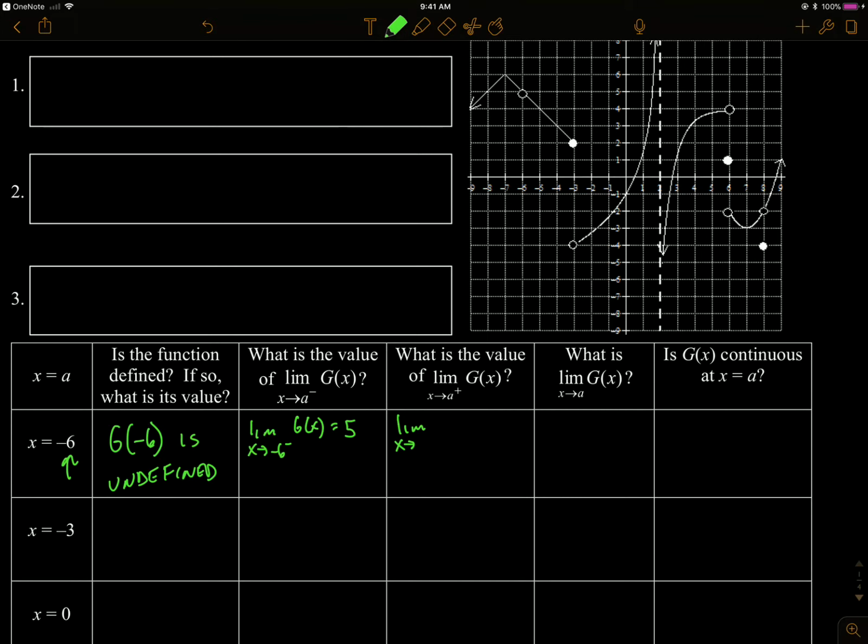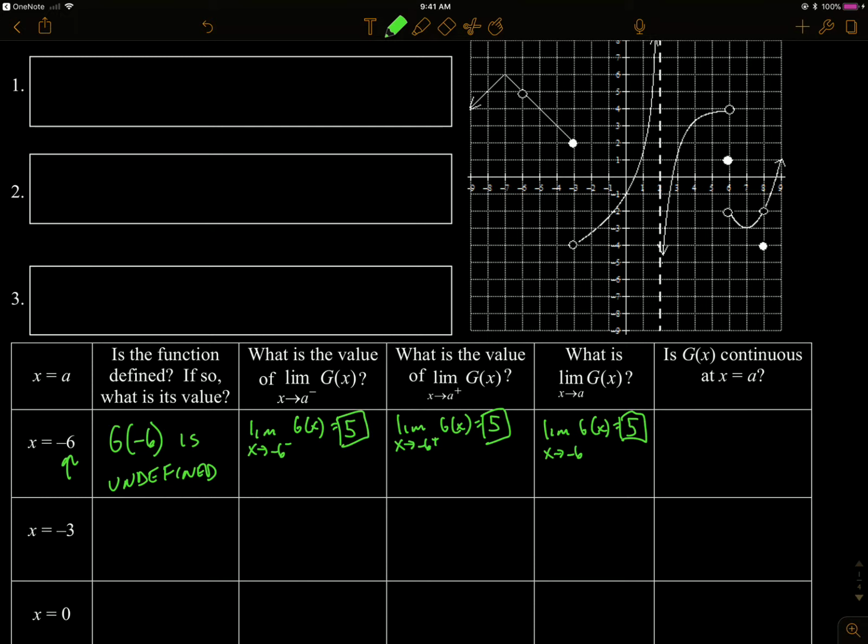The limit as x approaches -6 from the right of g of x is also 5. So then what can I say about the limit? Well, the limit as x approaches -6 of g of x is 5, because it's 5 from the left and it's 5 from the right.